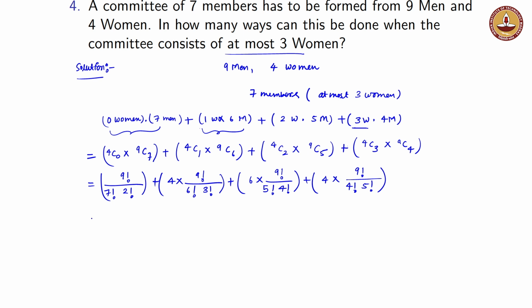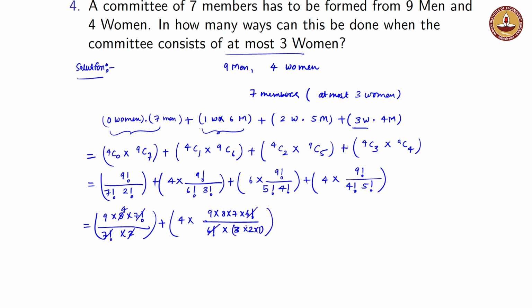So I can write this as 9 into 8 into 7 factorial divided by 7 factorial into 2. This 7 factorial will get cancelled out, and this will become 4, plus 4 into 9 into 8 into 7 into 6 factorial, and for 3 factorial I can write 3 into 2 into 1.